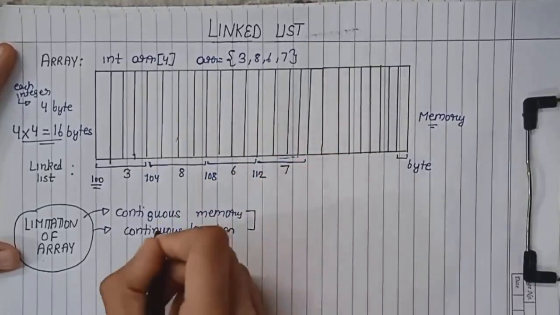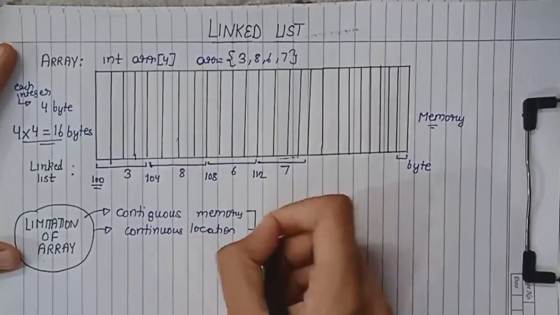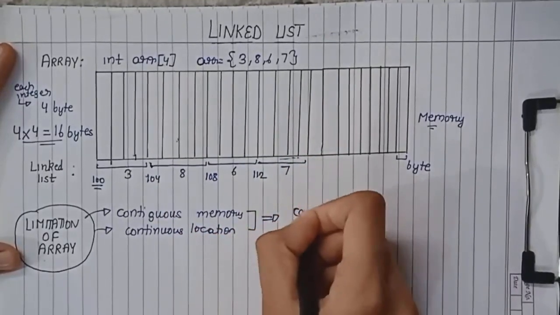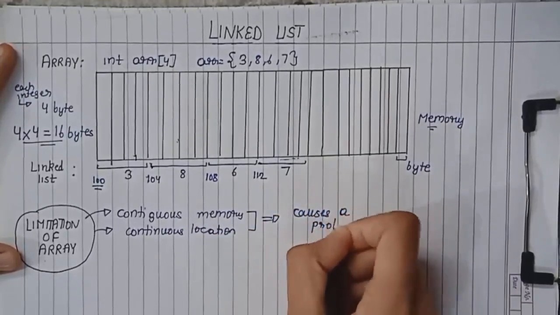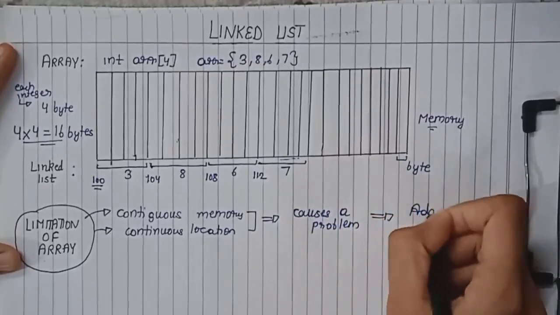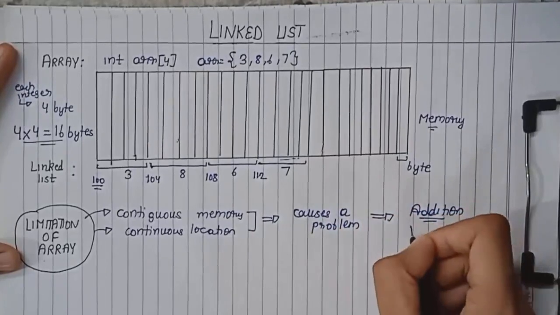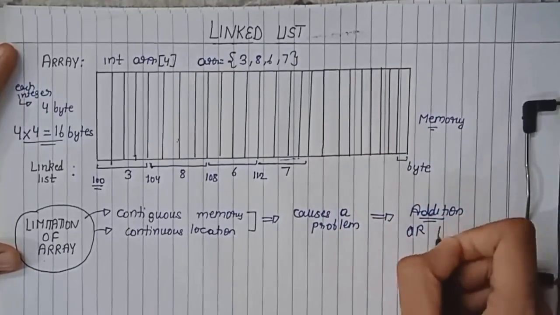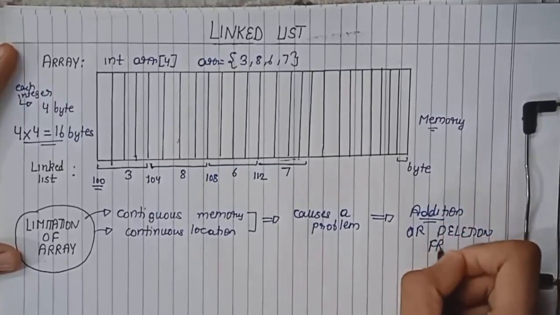Now this continuous memory allocation in the array causes a problem. The problem comes when we need to do some addition or deletion in the array.